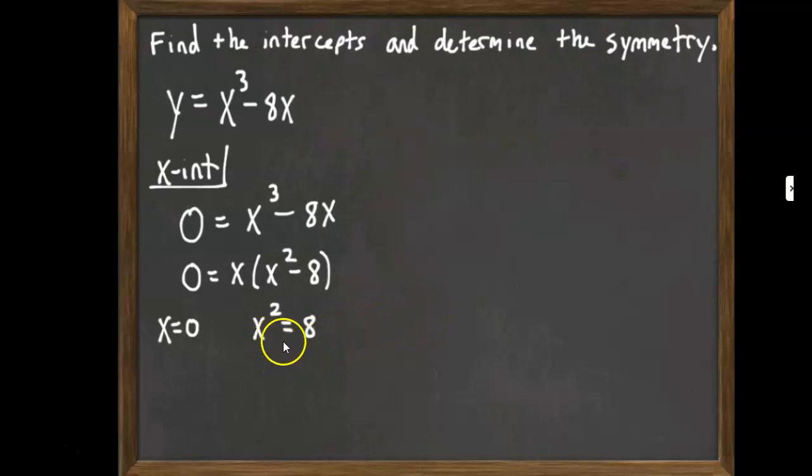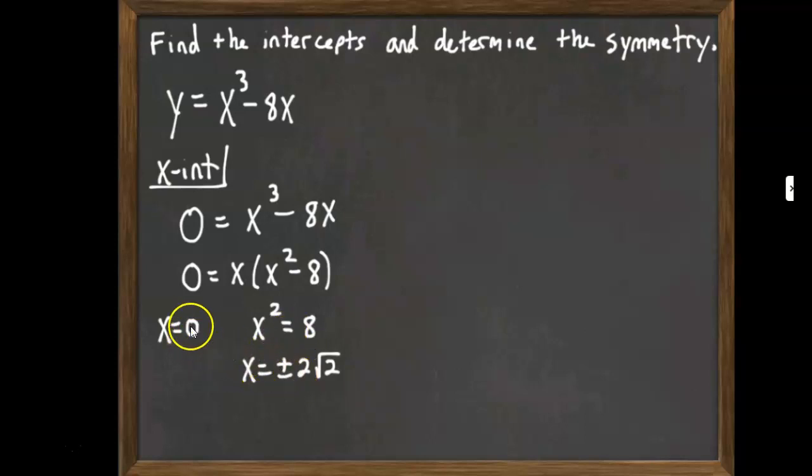Now, how do we solve that? Well, we have x squared equal to a number, so we can apply the square root to both sides. The square root of x squared will be x. Actually, it'll be absolute value, so that's why we bring in the plus or minus. And then with the square root of 8, we can break it up as the square root of 4 times the square root of 2. The square root of 4 would be 2, and then we'd have the square root of 2 left over.